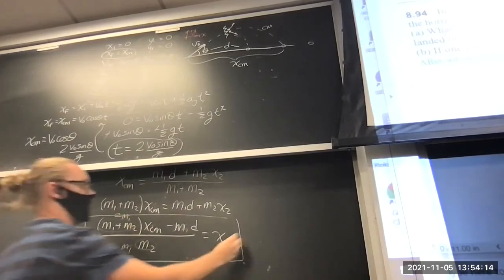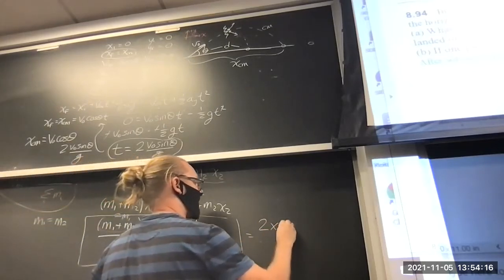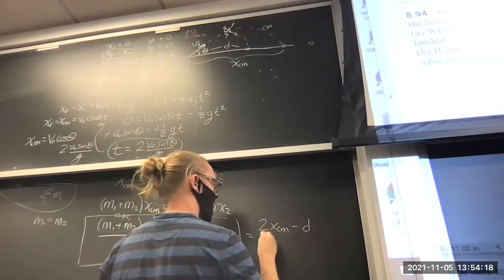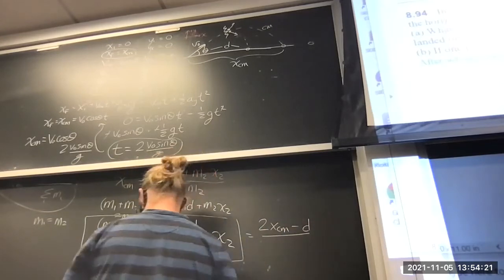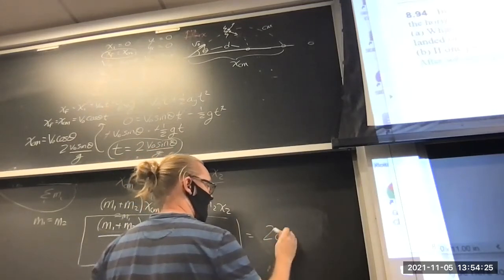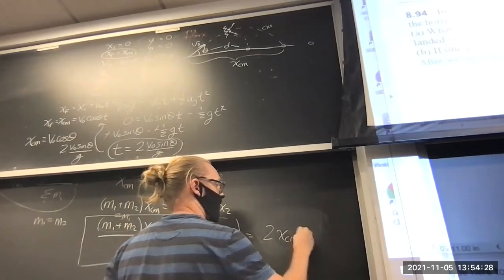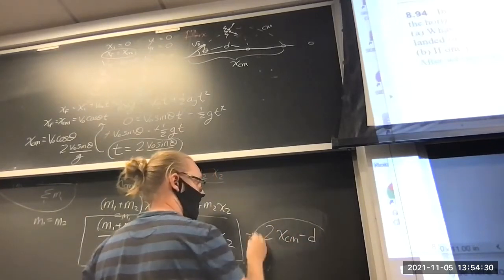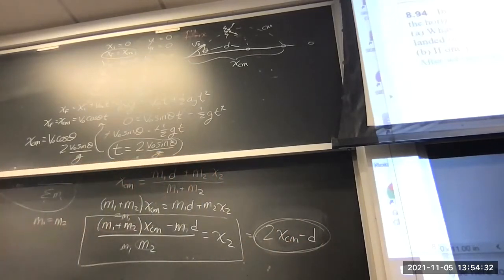So we're left with 2 times the center of mass minus the distance divided by 1. 2 times the center of mass minus d, and that's then our equation. Okay. But before we make that assumption, we have things dependent on the masses and their distance, or just the relationship with that distance.